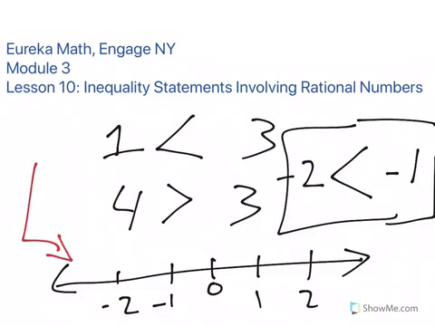And if that's confusing, look back to your number line. Remember that numbers get bigger as they go to the right. -1 is on the right of -2, so -1 is bigger. But also, look over at 1 and 2. 1 is less than 2, right? Your arrows would be facing the same way. So in this case, -2 is less than -1.